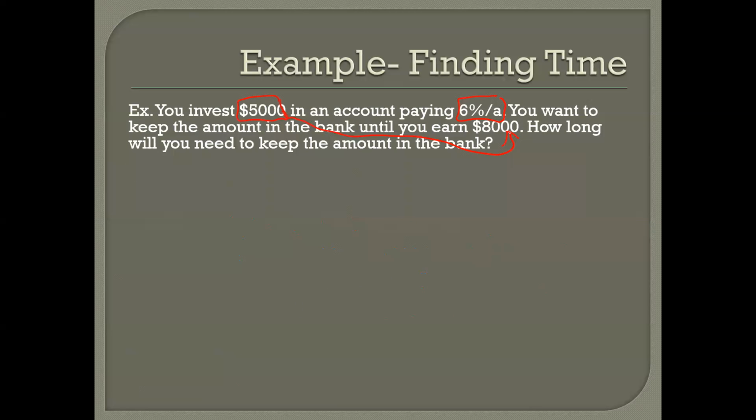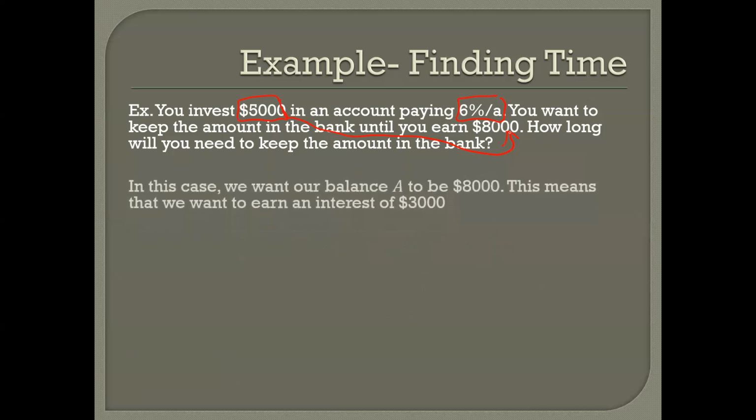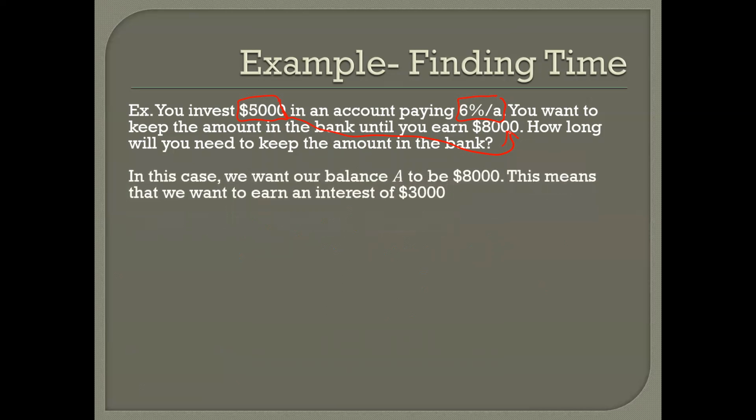So what we're going to do here is simply indicate what we already know. The A is the total balance, like the future amount. I don't want to say that yet because that's something we're going to talk about later, but let's just say that this is our A value, what we are hoping to get. But I initially had $5,000 in the account.